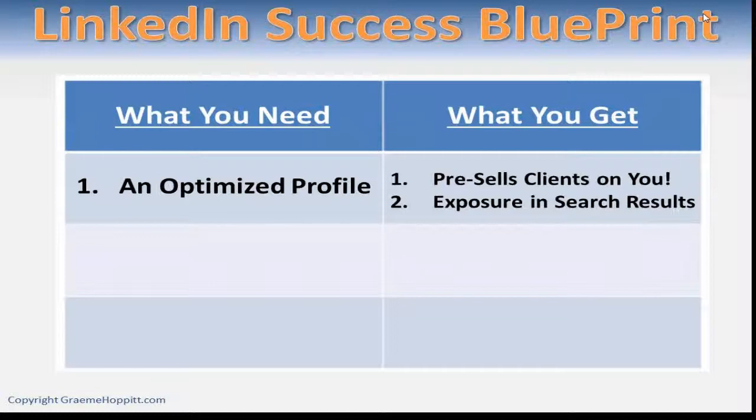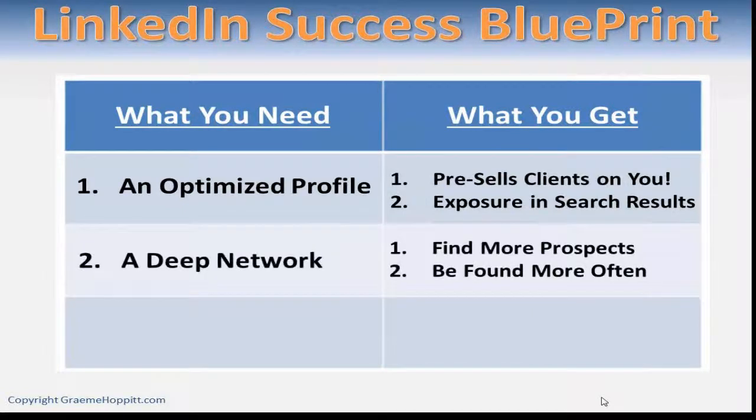They're going to see you as the expert in your area. So therefore, that's pre-selling you. It's also going to give you great exposure in search results, both within LinkedIn and in Google, if you do it right. You need, secondly, a deep network, which we spoke about when we were talking about the 6 degrees of separation. And what that will enable you to do is find more prospects and be found by more.